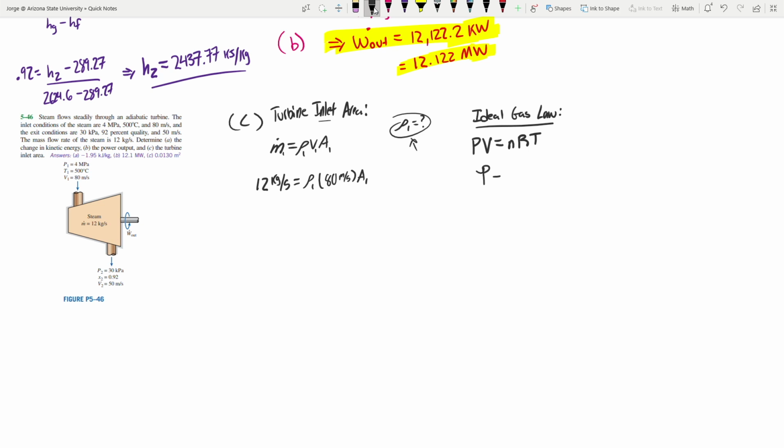So pressure equals rho RT. So these are the same equation, really. All right. So using this equation down here, we know the pressure initially is 4 MPa. So let's just write everything in pascals.